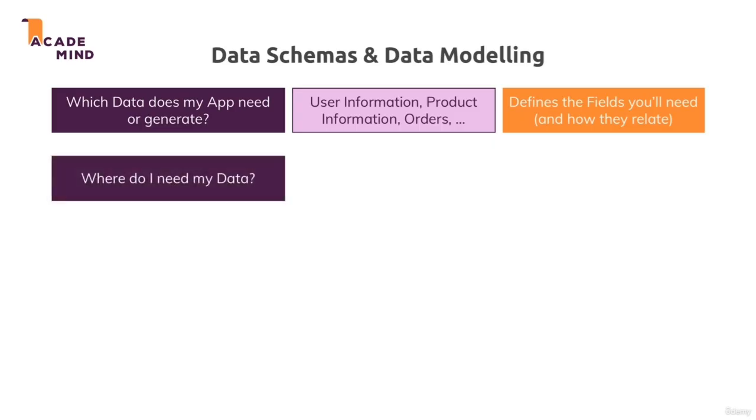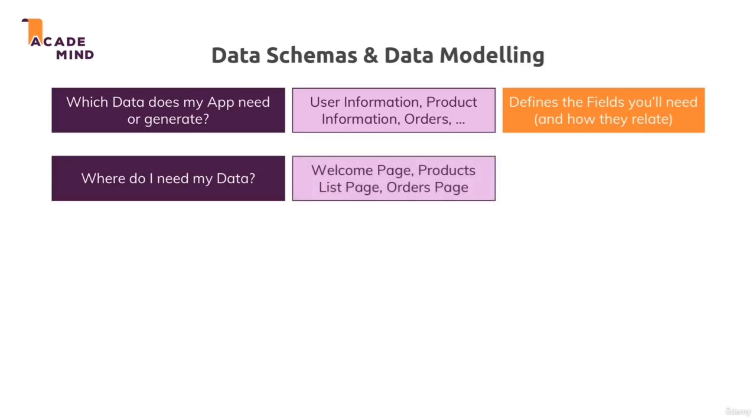You then also have to think about, where do I need my data? For example, if you're building a website, do I need it on the welcome page, on the products list page, on the orders page? And which kind of data do I need on all these pages? Because the idea with MongoDB is that you store your data in the format you need it in your application. And if you need the same data in different formats, you want to find a good structure that covers all these use cases, or if absolutely necessary, you could even split it into multiple collections.